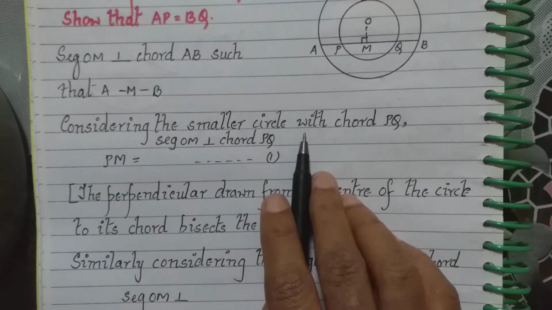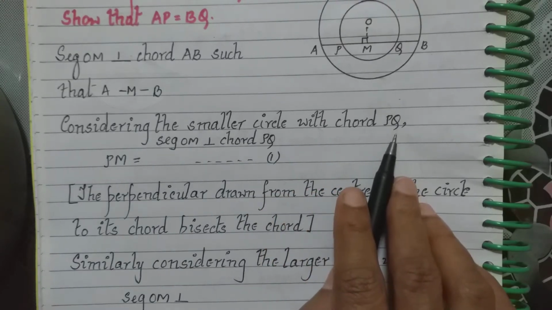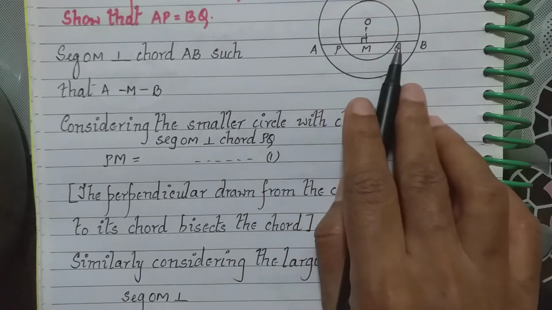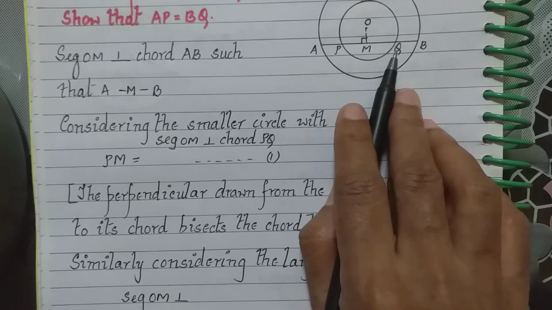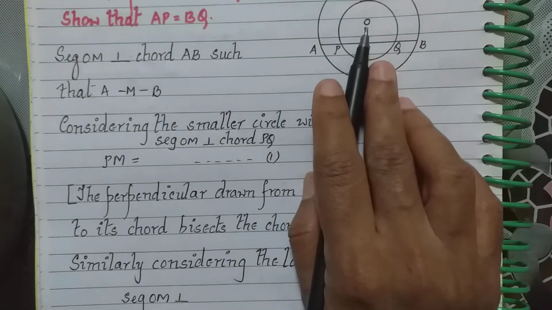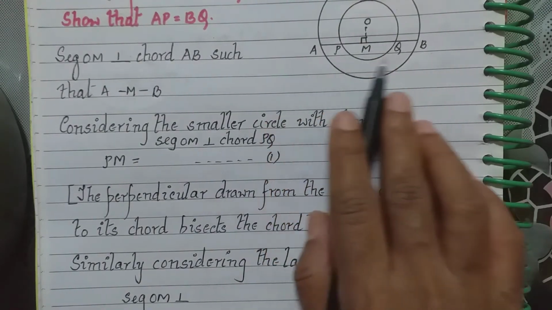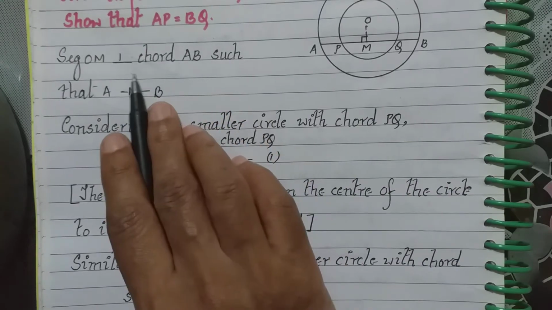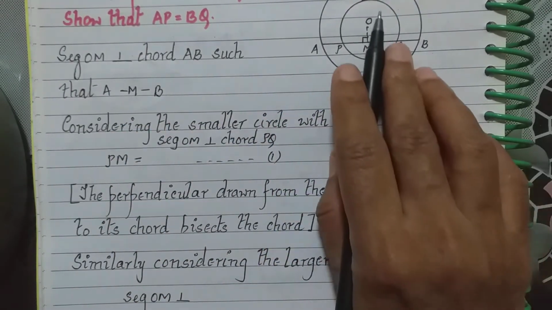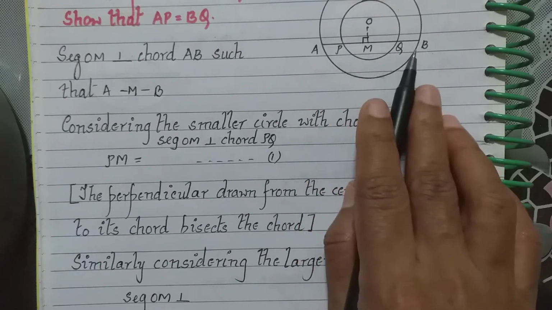Segment OM is perpendicular to chord PQ. How do we know that? Because segment OM is perpendicular to chord AB, and PQ is a part of AB. Therefore, segment OM will be perpendicular to chord PQ also.